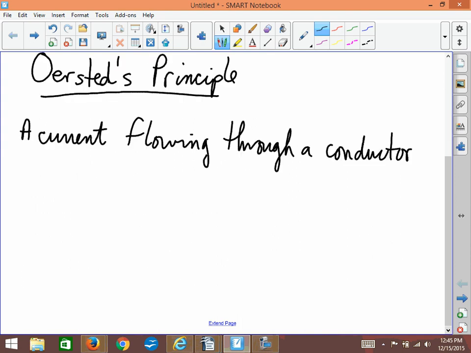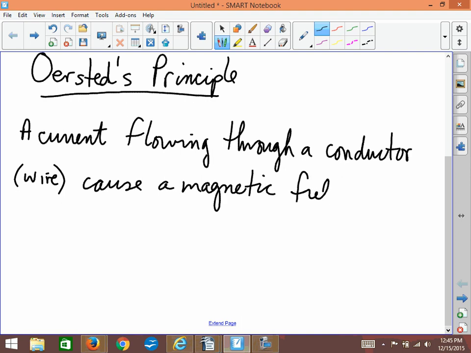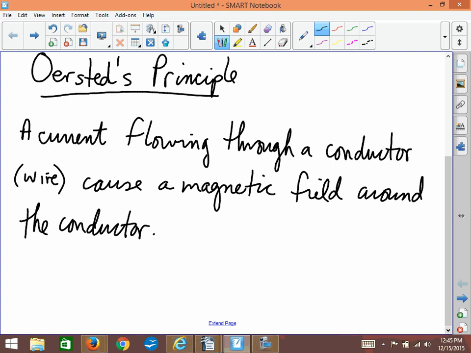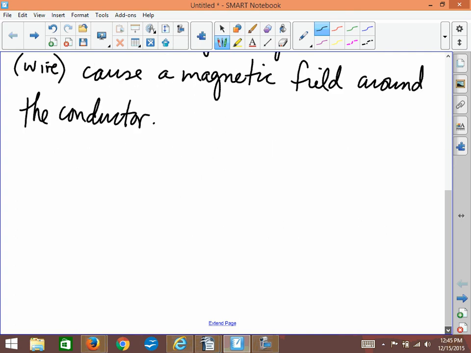So a current flowing through a conductor or a wire causes a magnetic field, just like a magnetic field around the conductor. So that means that every time you have electricity going through a wire, there's a magnetic field around it. It's almost like the wire is somehow becoming magnetic.